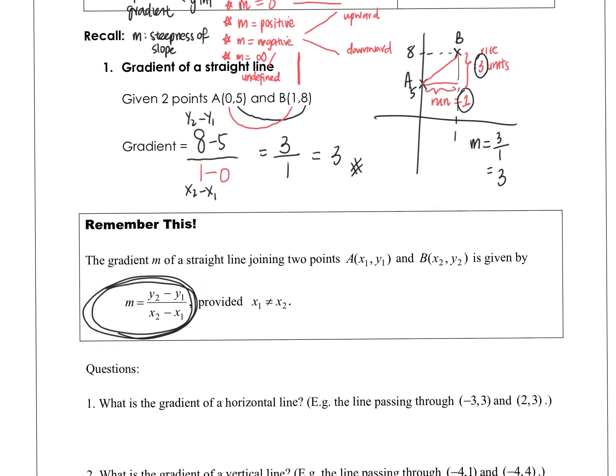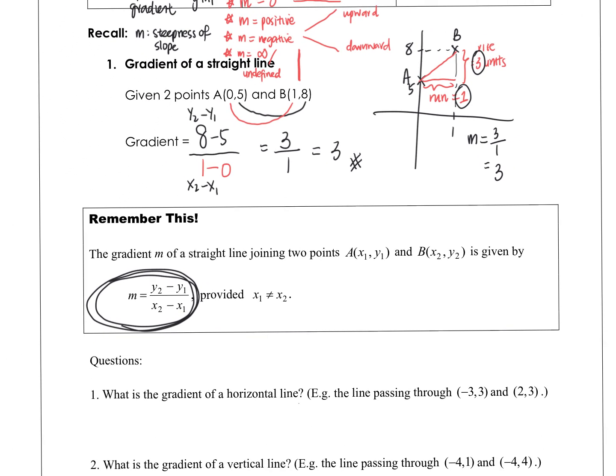Okay, so nothing crazy. They ask what is the gradient of a horizontal line. We know gradient is 0. So what kind of observation is that when your y coordinate is the same, you know it's a horizontal line.